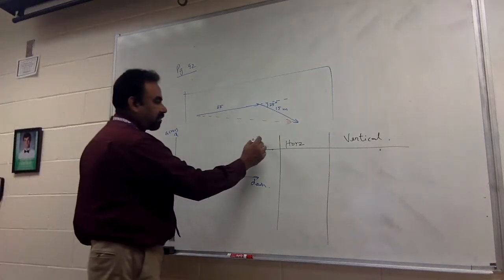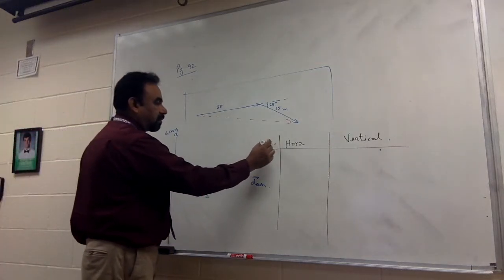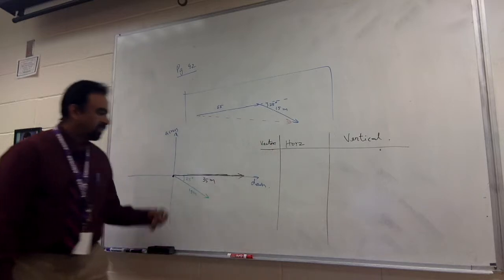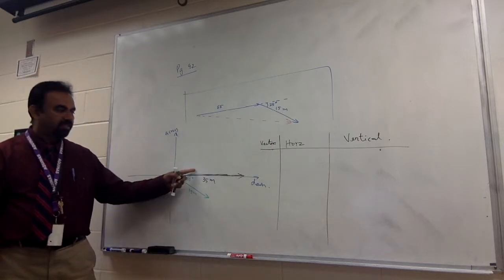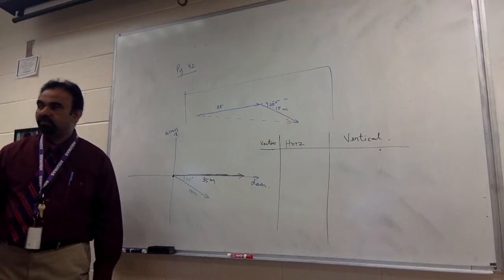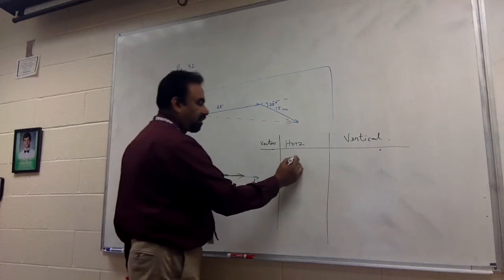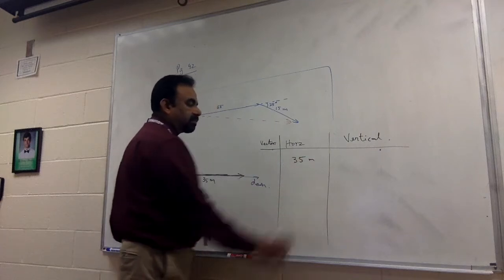And vector. So let's take the first vector, this one. How much of that is horizontal? All 35. So put 35 here.